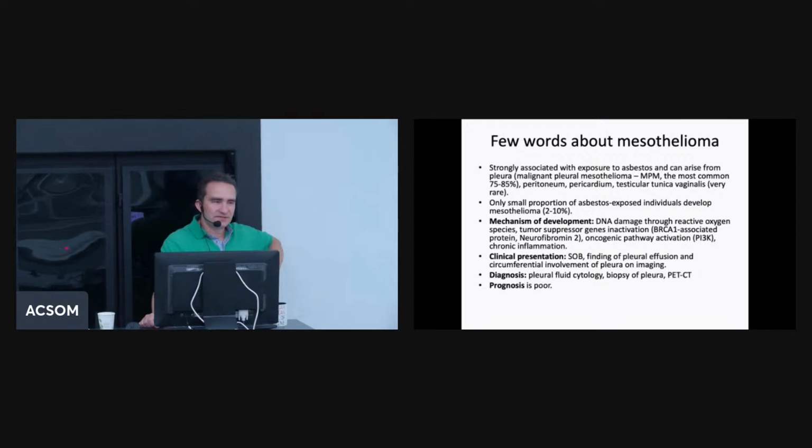because you may need to do video-assisted thoracoscopy, a small incision, go in with a camera, take a biopsy, and then may do a PET CT as well. You know what a PET CT is, right? Basically, it's a CT scan combined with a special radionuclide substrate, which shows the metabolic activity of the tissue.